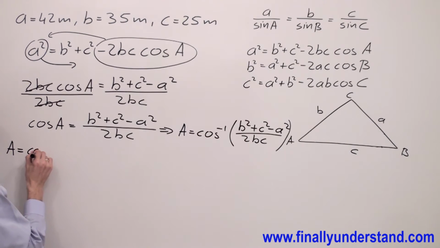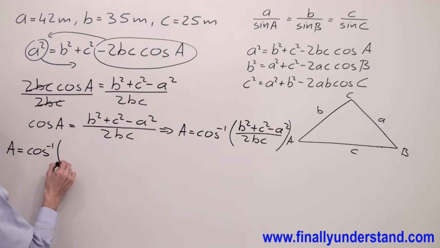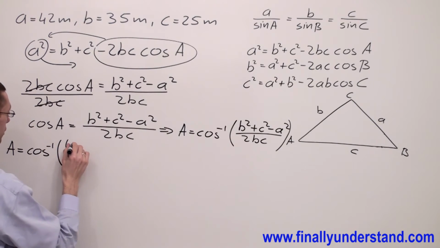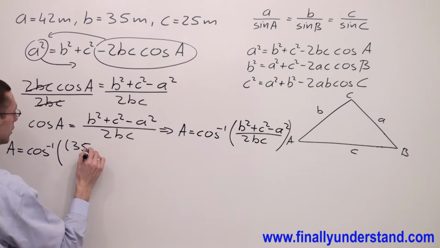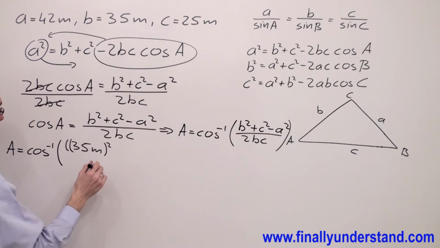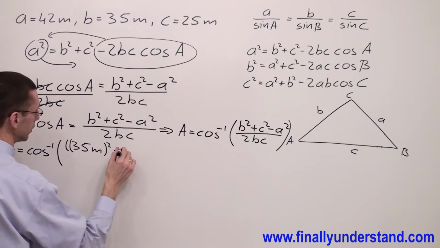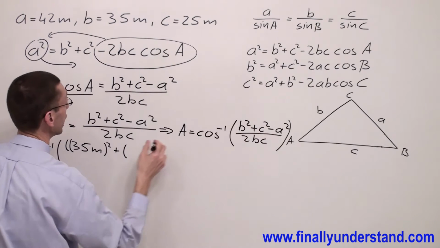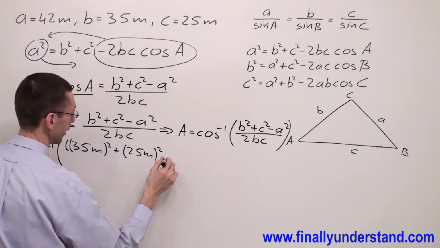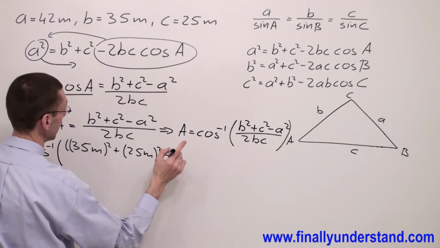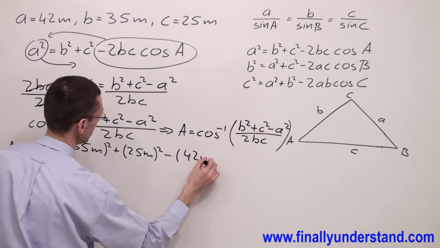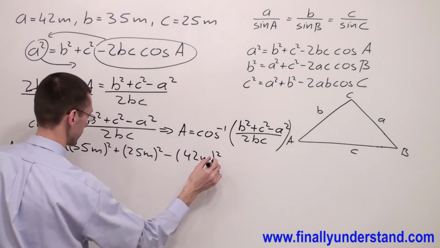is equal inverse cosine, open parenthesis, and B is 35 meters square plus C square, which is 25 meters square, minus A square, which is 42 meters square.